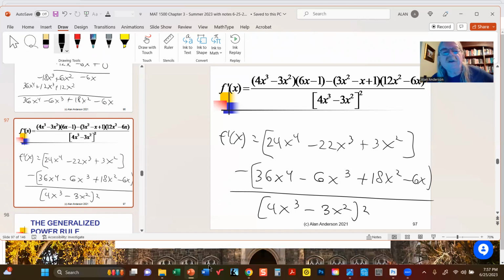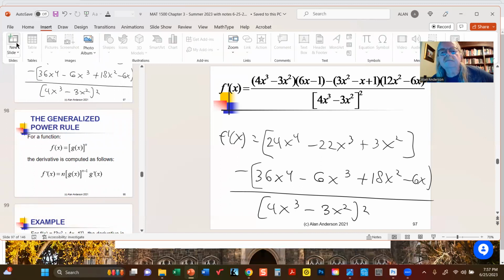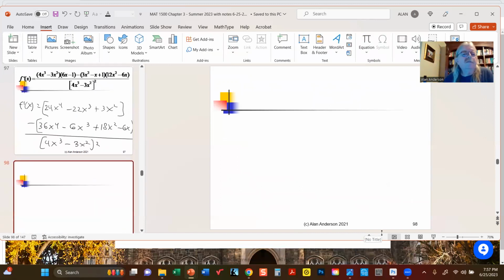All right, let's just simplify the numerator and let it go with that. I think that's enough of a mess for one day.